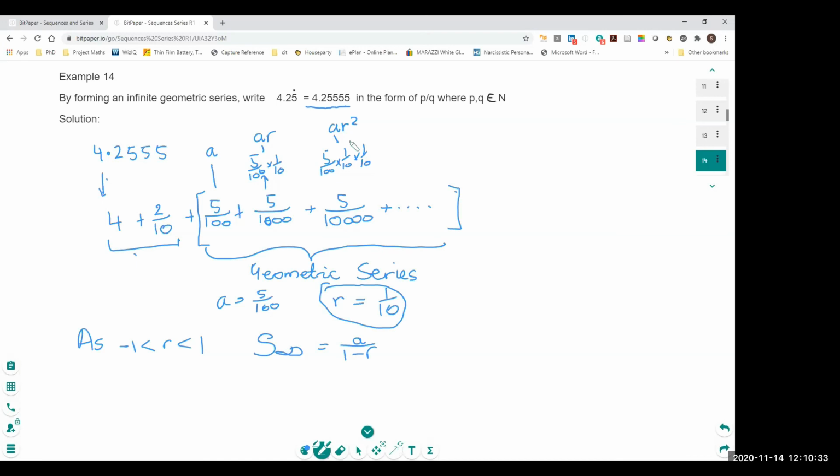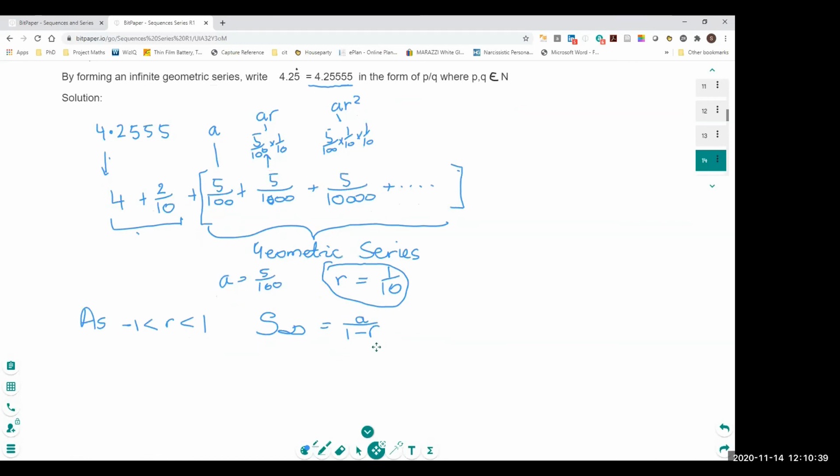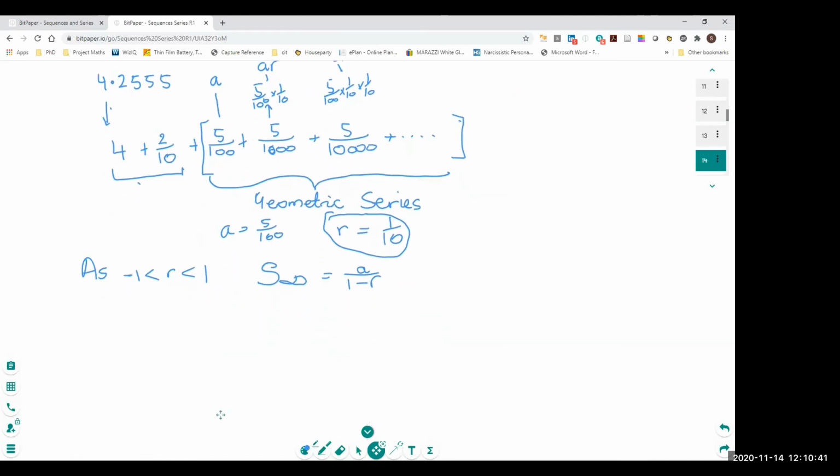Okay, so then we have 4.25 dot is equal to 42 over 10 for this bit here. 4 plus 2 tenths is 42 tenths.